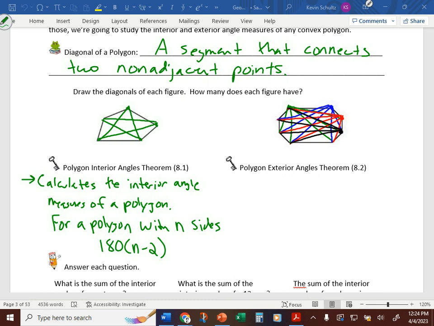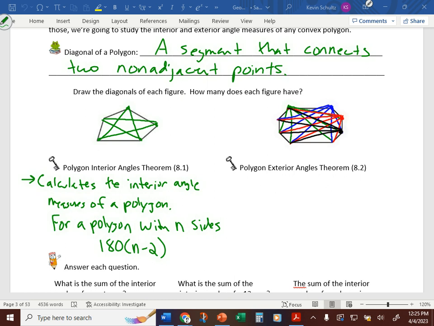So a triangle has 3 sides. 3 minus 2 is 1, times 180, 180 degrees. A quadrilateral has 4 sides. 4 minus 2 is 2. 2 times 180, 360 degrees.